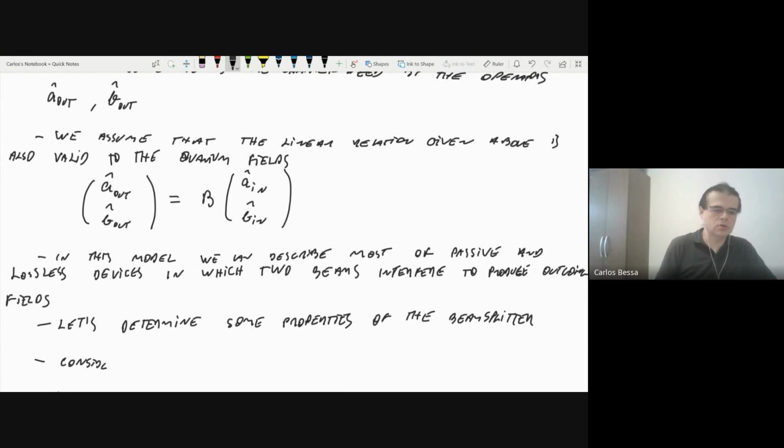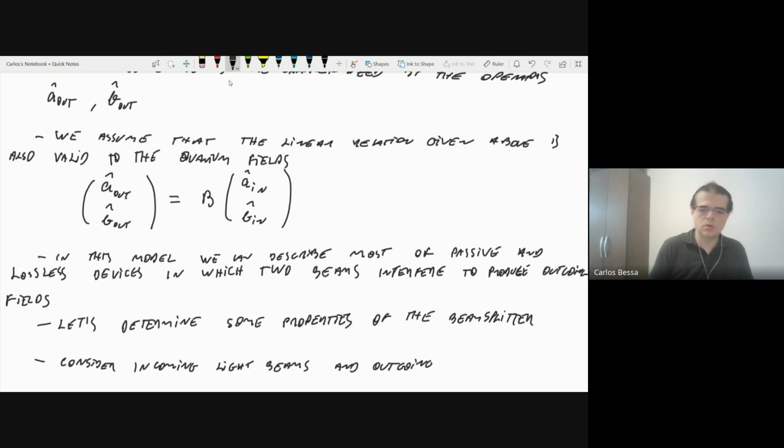Consider incoming light beams and outgoing beams.